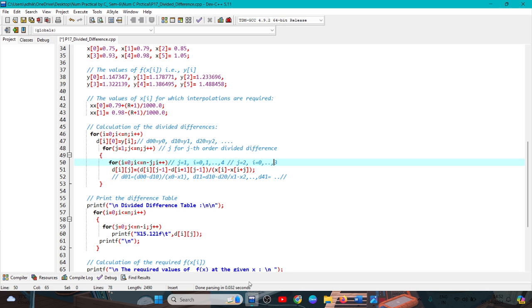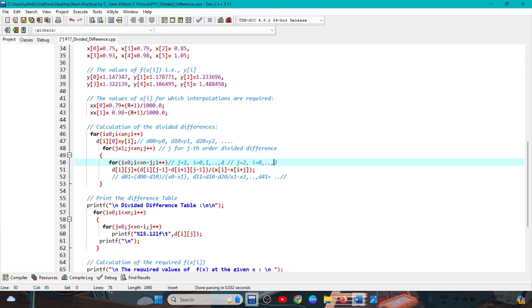So when j equal to 2, we get delta 2 y0, that is d02, d12 is delta 2 y1, d22 is delta 2 y2, and d32 is delta 2 y3, the second column.